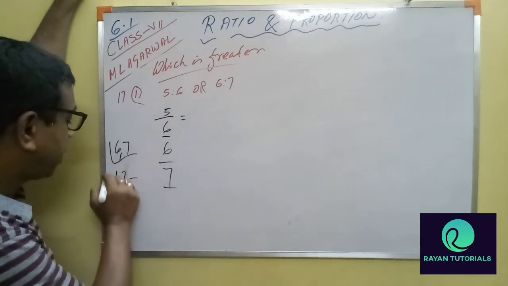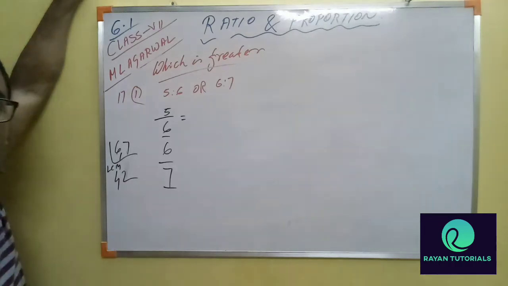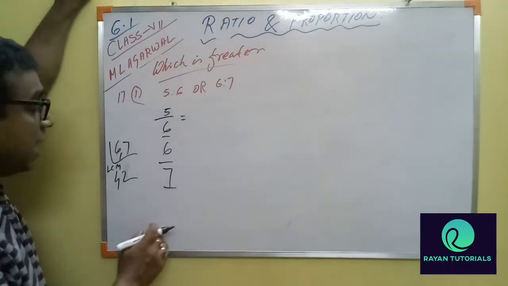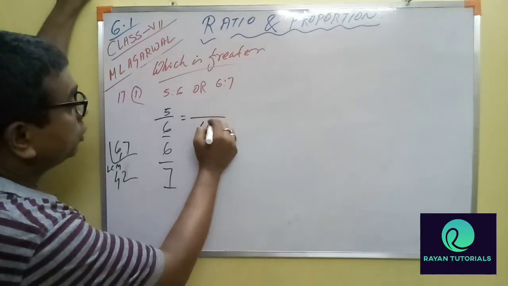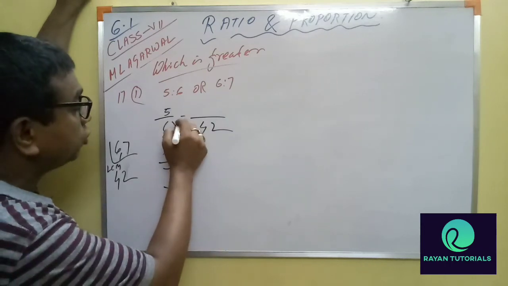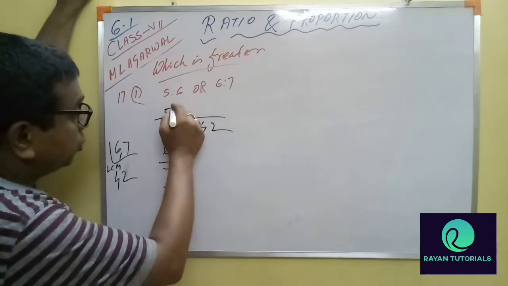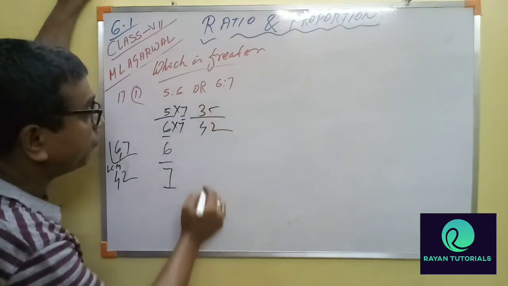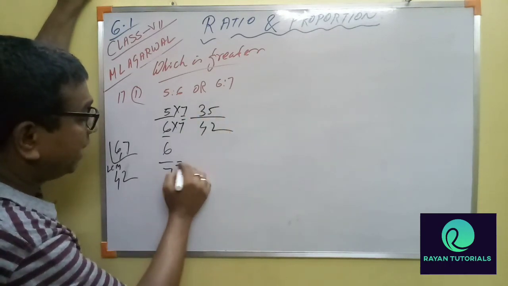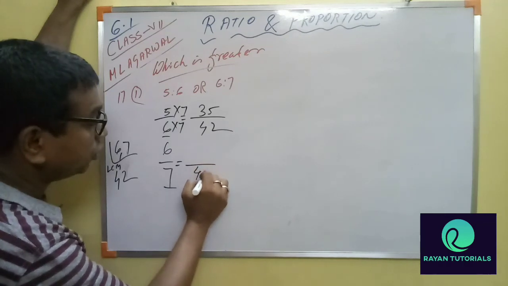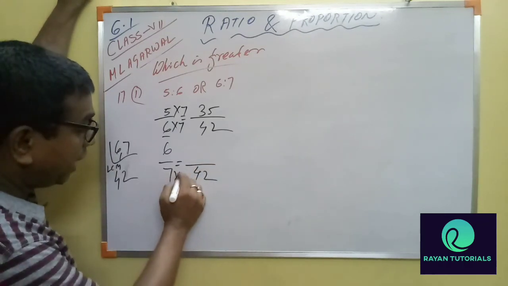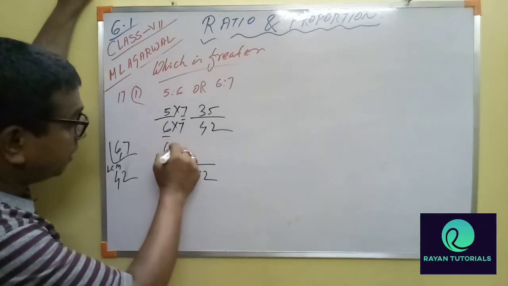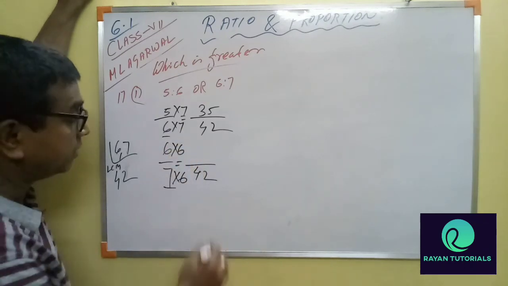So the LCM of 6 and 7 will be 42. To put 42 here, I need to multiply by 7. So here also multiply by 7. So it becomes 35 by 42. Then here also 42, here I need to multiply by 6. Here also I need to multiply by 6.